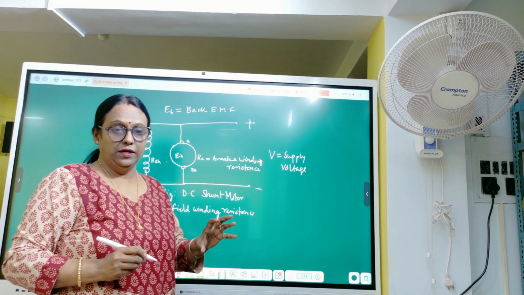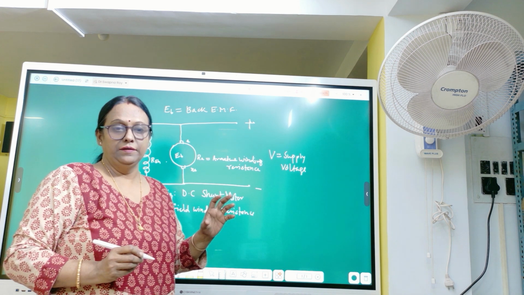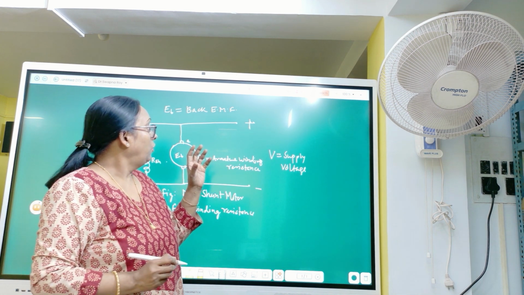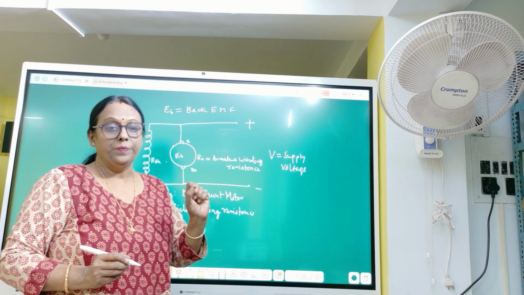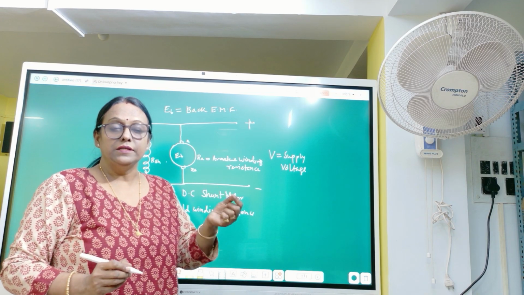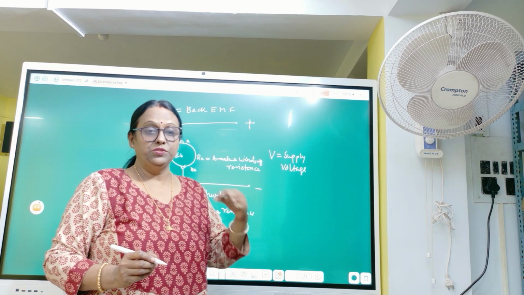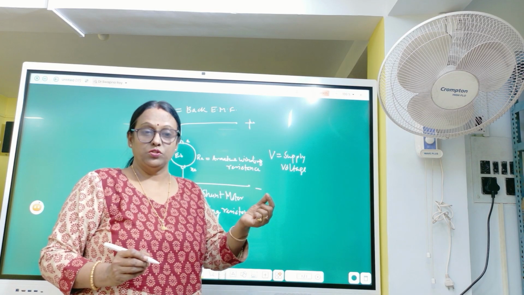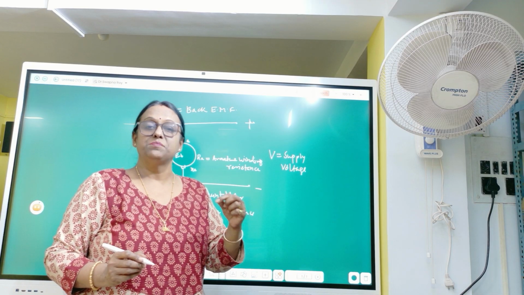The armature conductor rotates in a magnetic field. Then in the conductor terminals, there is induced EMF, and this induced EMF opposes the cause, that is the supply voltage. That's the reason we call it back EMF.